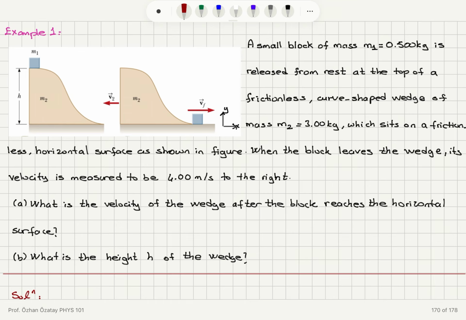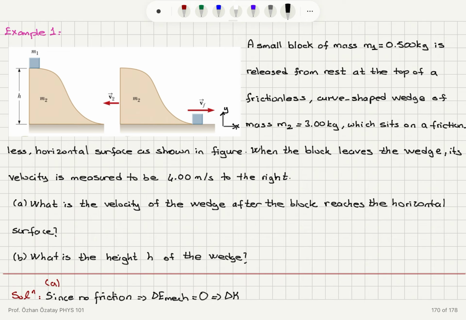Okay, so let's start in part A by noting that since we have no friction, there is no non-conservative force in action, the change in the mechanical energy of the system must be zero. There is no energy loss mechanism.